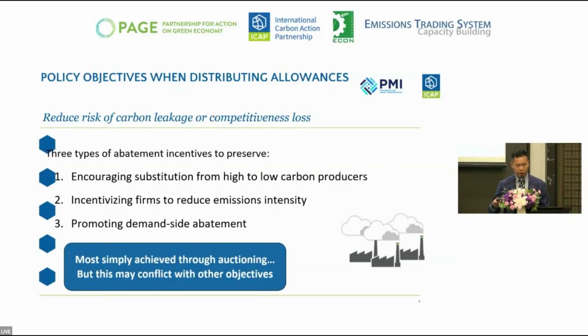They need to pay for each ton of CO2 emission, so that really increases their costs, and then they need to think about how they should deal with it. Should I keep paying that cost, or should I reduce by myself? So we need a real cost to the company to incentivize their abatement.